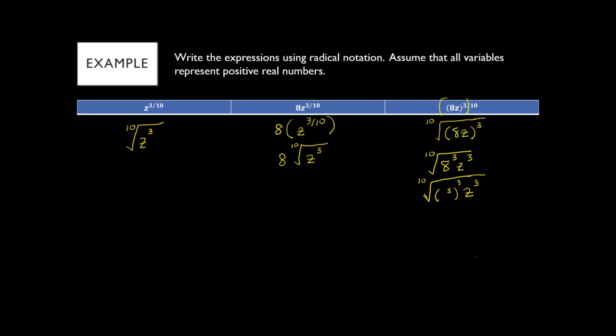And my 2 looks like a z, so I want to be very careful to make that look like a 2. Our rules of exponents say we multiply those. So 3 times 3 is 9. So when we finally get our simplified version, we end up with 2 to the 9th and z to the cubed inside there, and then we have the 10th root.